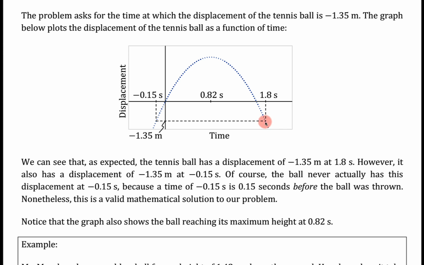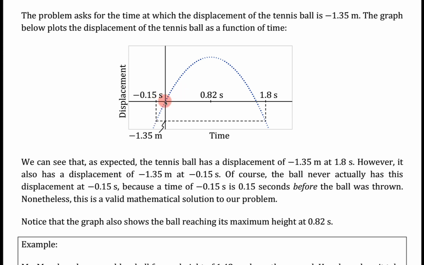But here's the thing. We can see that 1.8 seconds is a valid solution to this problem, but mathematically, you do also have this minus 0.15 second solution as well. Now, of course, the ball never actually has that displacement at minus 0.15 seconds because this is 0.15 seconds before the ball was thrown.